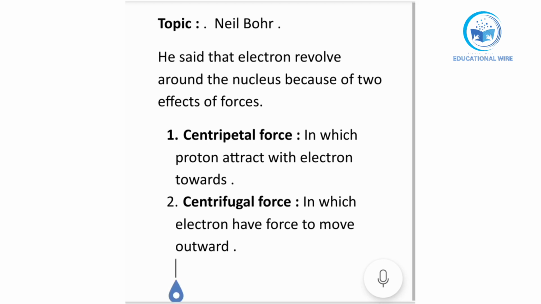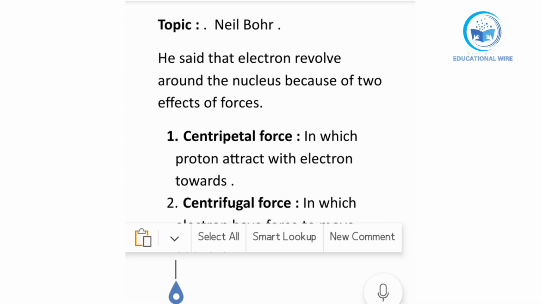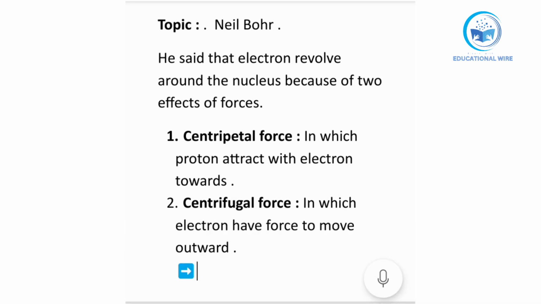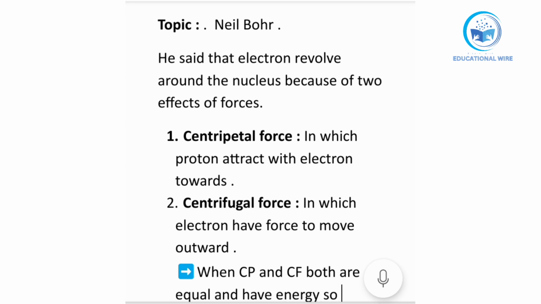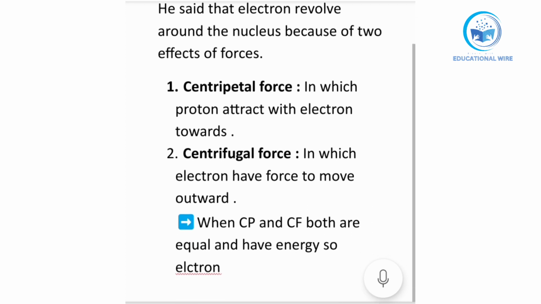So what happens actually, the main point is that when centripetal force and centrifugal force are both equal and have energy, the electron is stable over there, stable to revolve.